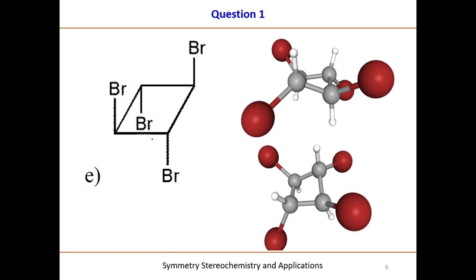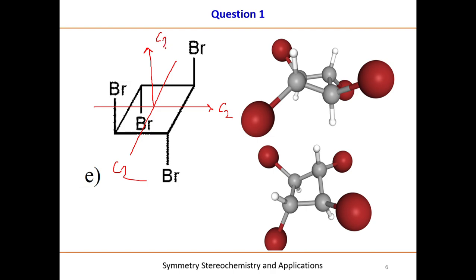And the dihedral plane is present here. What is a dihedral plane? A dihedral plane is a plane passing between the two subsidiary axes. Here we have two subsidiary axes. One is this one, the other one is this one. Two subsidiary axes, and this one was our principal axis.